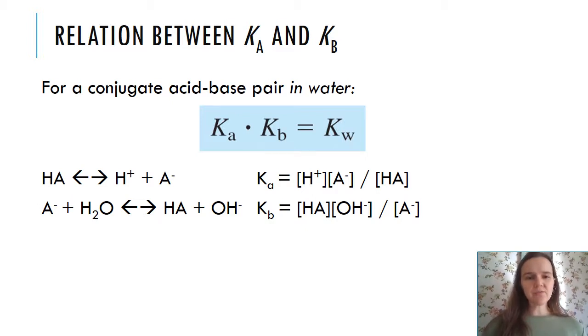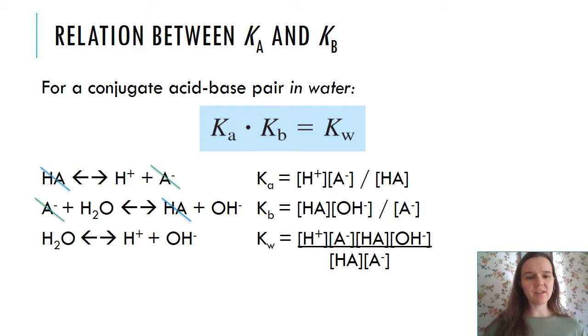And if I add these two reactions together as they're written, what you'll see is that we can get the equation for the autoprotolysis of water, because the HA cancels out on both sides. So it's a product and a reactant. When you're adding it, then it goes away. And the A minus does the same. So what you're left with here is H2O on the left side, and you have H plus and OH minus on the right side. And so if you write that out, then you've got the autoprotolysis of water.